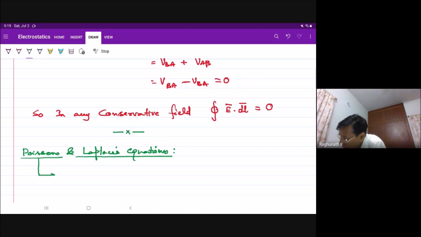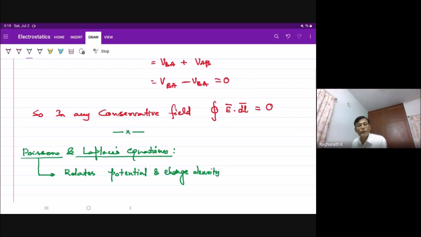Poisson's equation relates potential and charge density at any point.